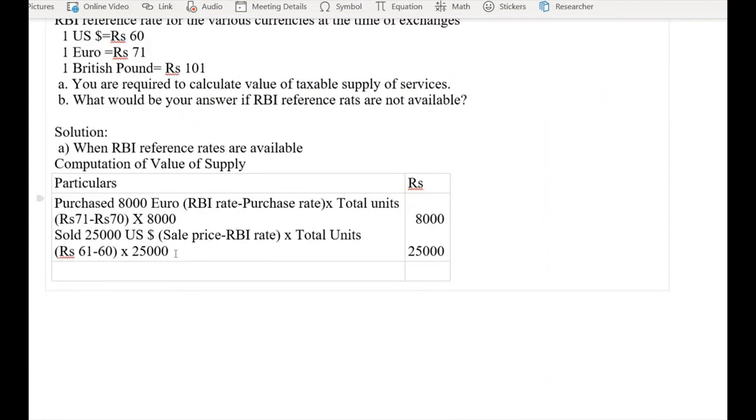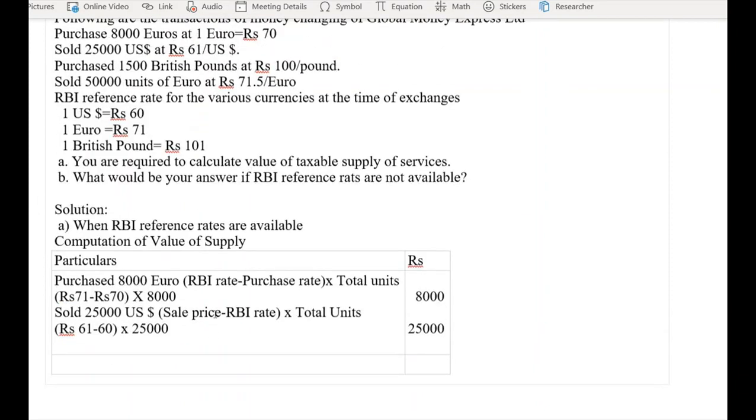Then the next one here, purchased 1,500 British pounds. So here purchase price is given as rupees 100, whereas RBI reference rate is 101.